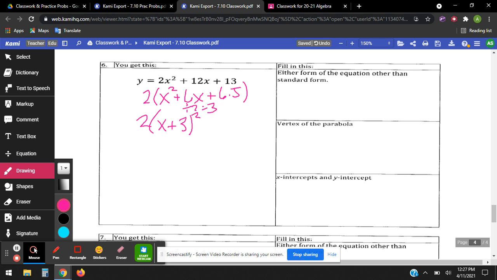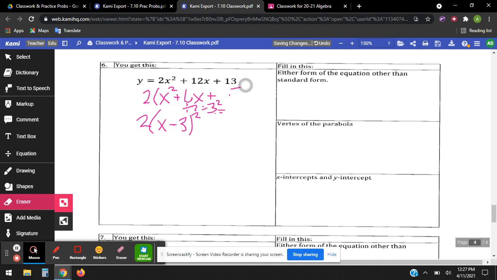Give me a second here. Because it's positive, 6 divided by 2, so that would be a minus. And because it's a positive 3, now if I do 3 squared, oh, I don't need to worry about this one right now. We only need to worry about the first two when we're just taking that out in a little bit.